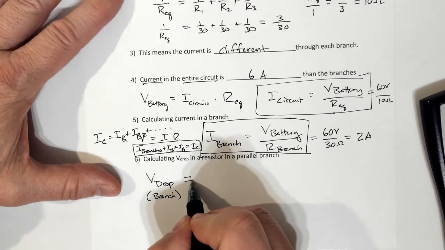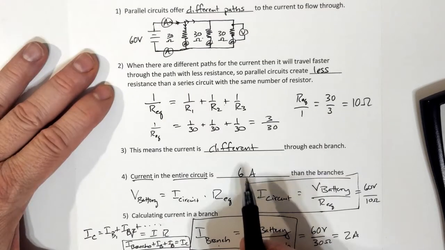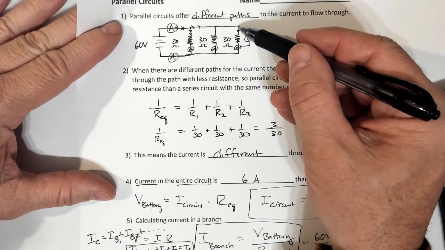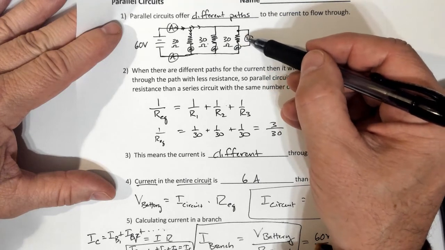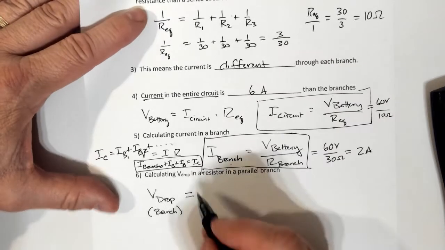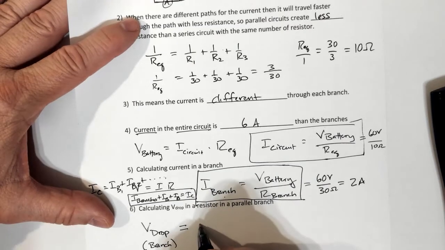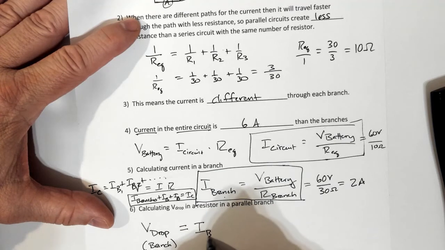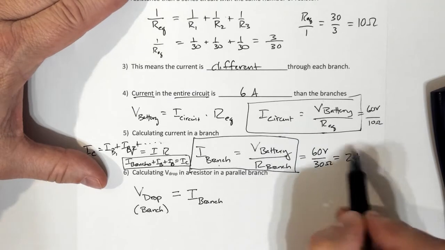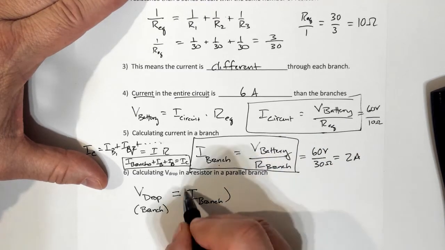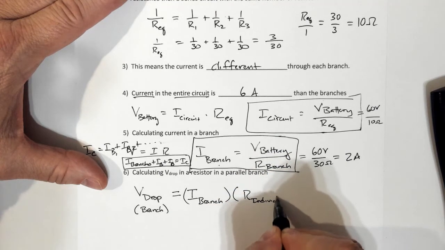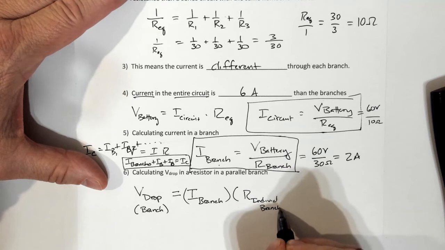What we're going to do here is we need to look at not the overall amperage. We need to figure out how fast it's being pushed through, because if it's going through slower, then the voltage is going to be different in that resistor, because remember, overall the resistance is less. So what we do to find voltage drops is we need to use not the total, but the branch current times that individual resistor in that branch that you're looking at.